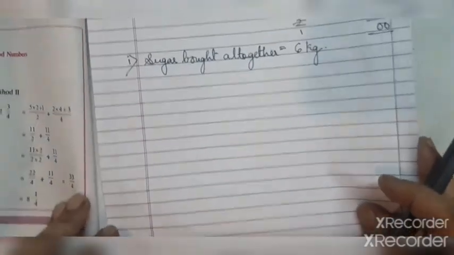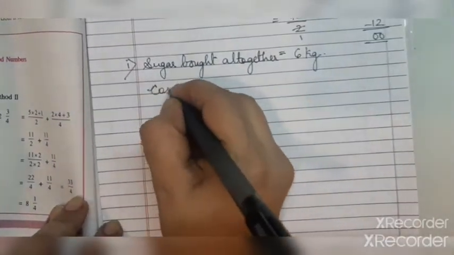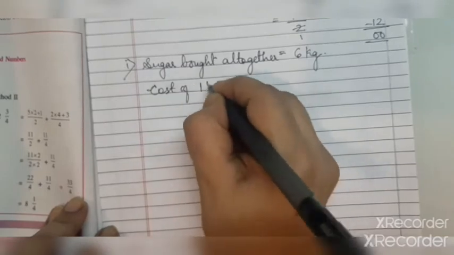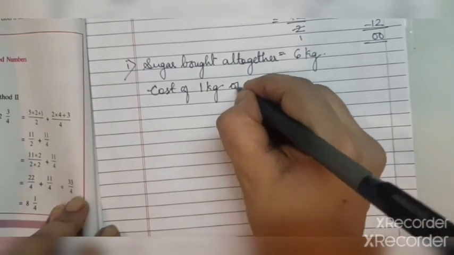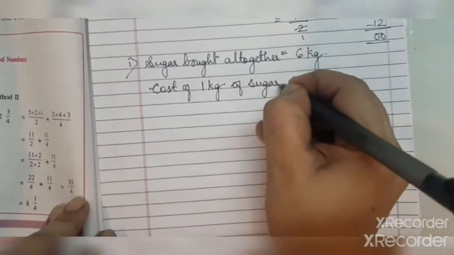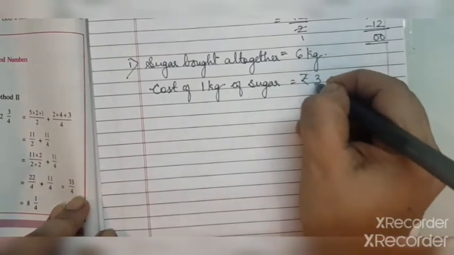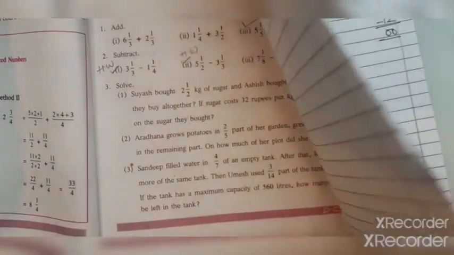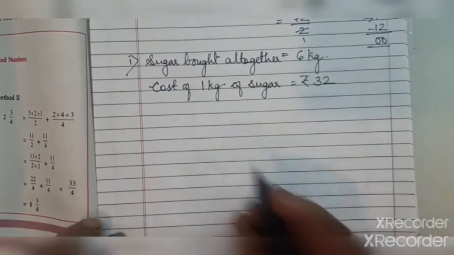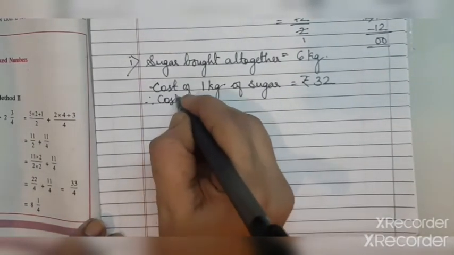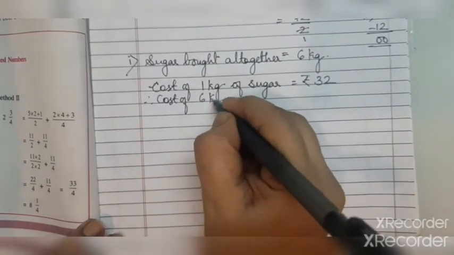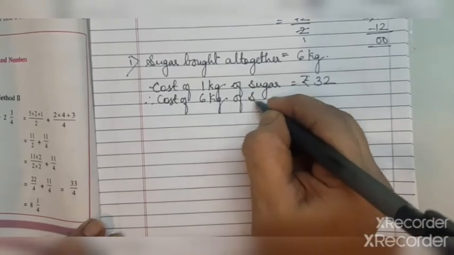How much did they spend? Now, if the cost of 1 kg of sugar is rupees 32, then what is the cost of 6 kg of sugar? Because they bought 6 kg, no?